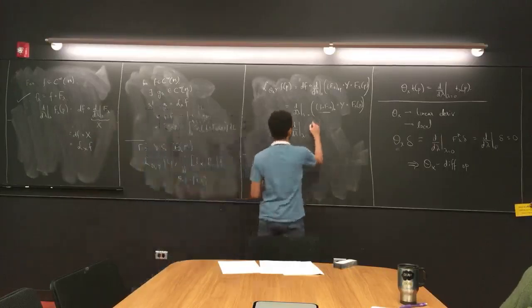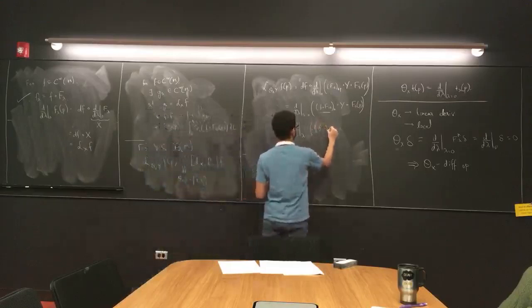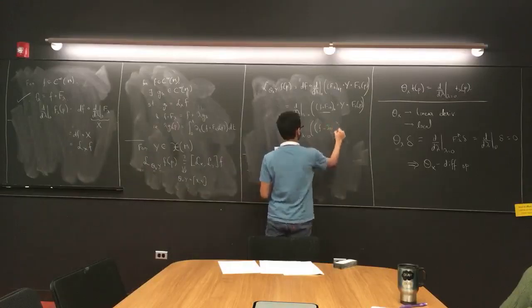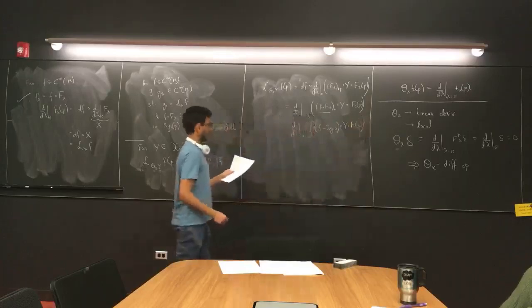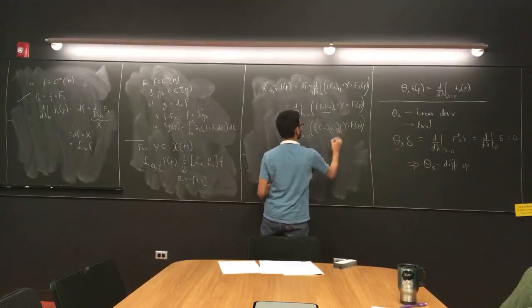So this thing is going to be f minus lambda g minus lambda composed with y composed with f lambda of p, with a push forward here.